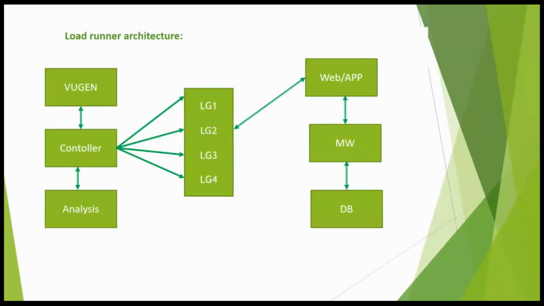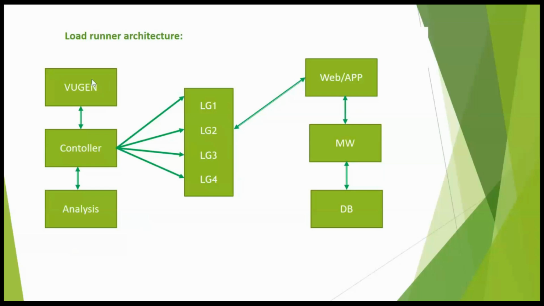The next one is the LoadRunner architecture. In the architecture, we have different components and different servers. The components are VuGen, Controller, Analysis, and Load Generators. The servers are the web app server, middleware server, and DB server. Using VuGen, we build the script.